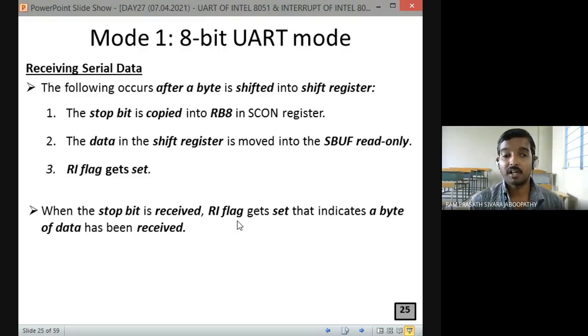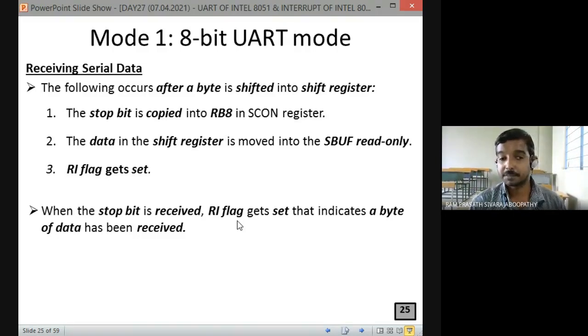We have already explained the 8-bit UART, so I am moving a little faster. What happens first when transmitting? When you write data in the SBUF register, at that point the start bit 0 is sent, then the 8 bits are shifted out, then the stop bit comes. At the beginning of the stop bit itself, it generates the TI interrupt.